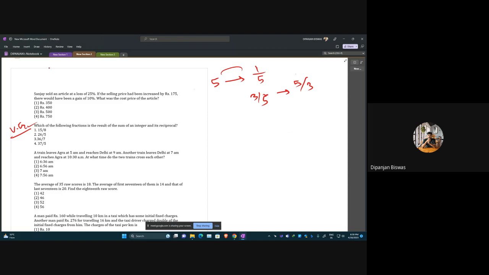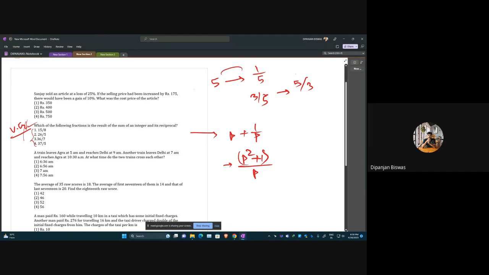So it is being asked which among these 4 options is a sum of an integer and its reciprocal. So let us say P is an integer and its reciprocal should be 1 by P. So the answer should be P square plus 1 in the numerator and P in the denominator.